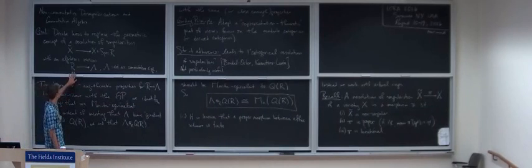So let's go ahead and ask that our ring map R to lambda be a module finite map, that it make lambda into a finitely generated module over R.